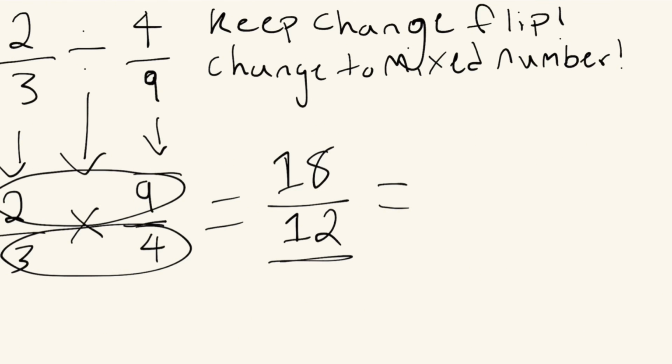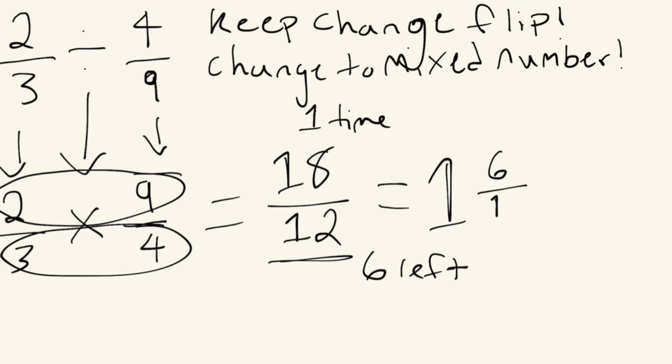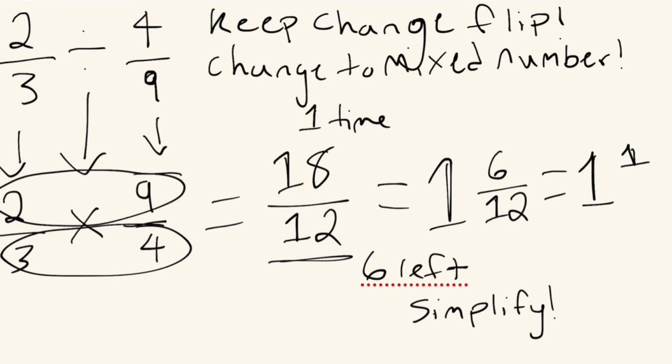So 12 goes into 18 one time. So we have our 1, and then when we subtract 12 from 18, we have 6 left over. So now we have 1 and 6/12. Now we can simplify this to the smallest number we can get, which is 1 and 1/2.